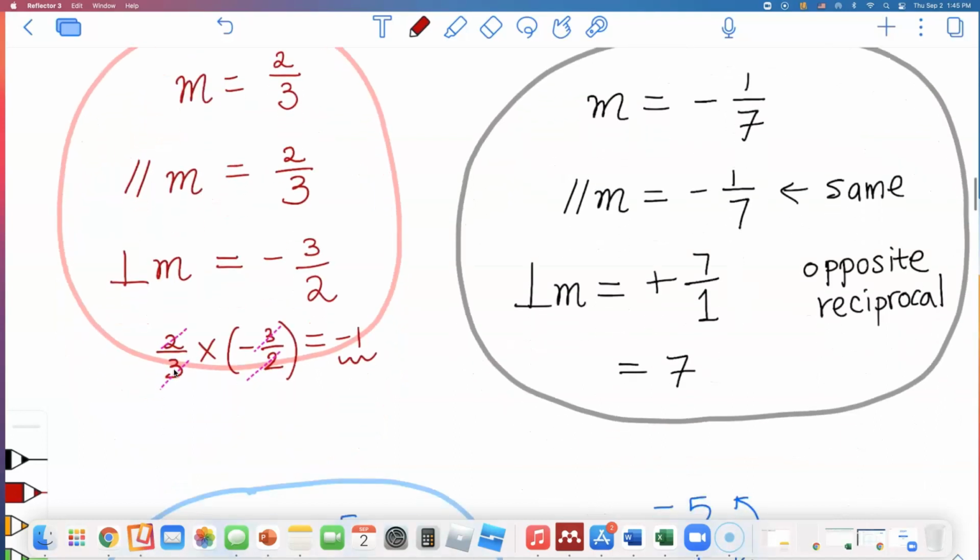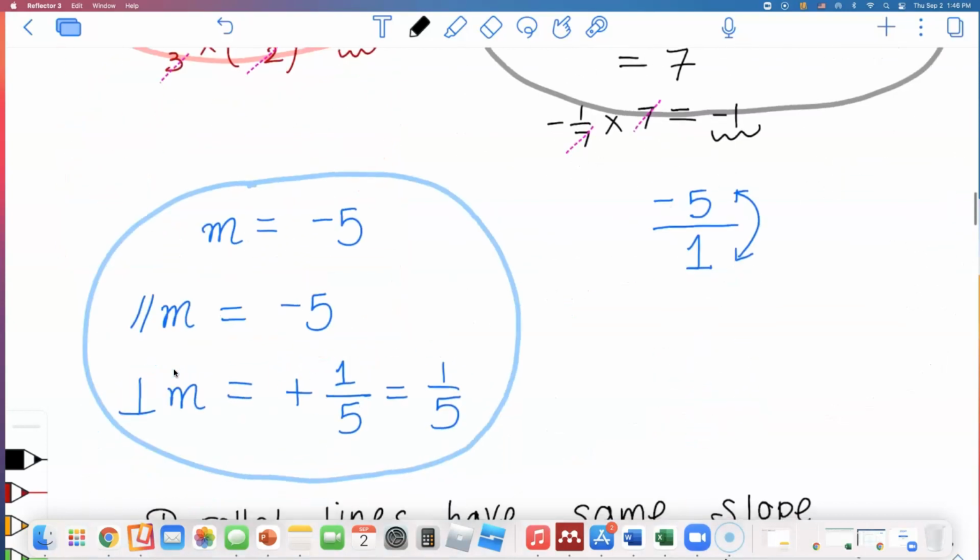Let me check the next one. If I multiply the original slope of -1/7 times the perpendicular slope of 7, the 7 on top and 7 on the bottom cancel out, leaving me with just -1. So yes, we can check the last one too.